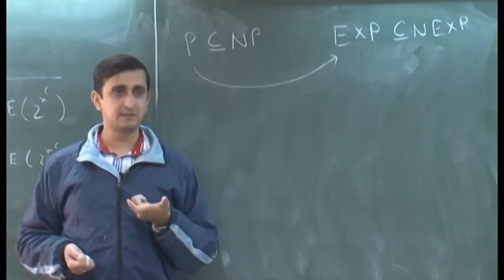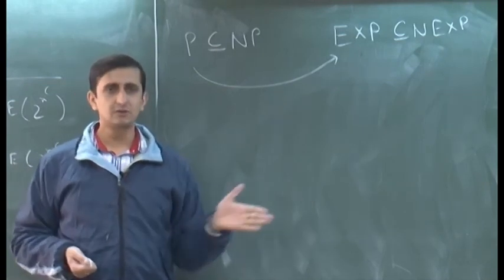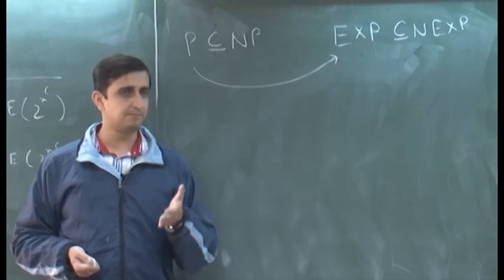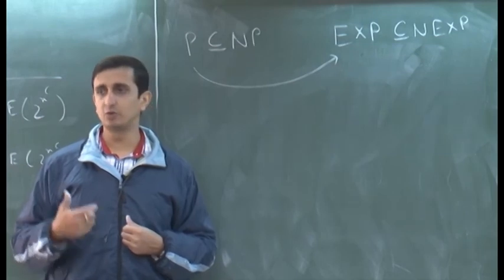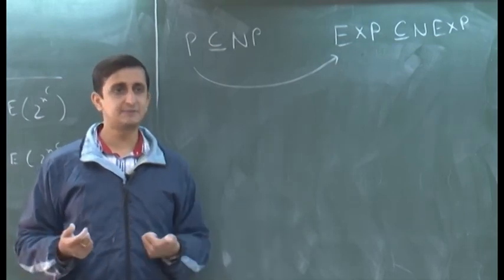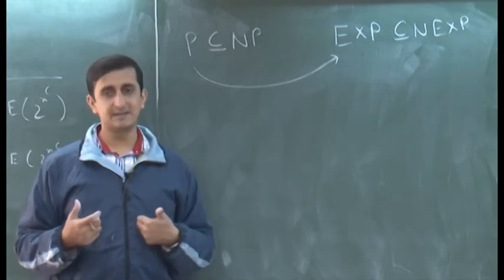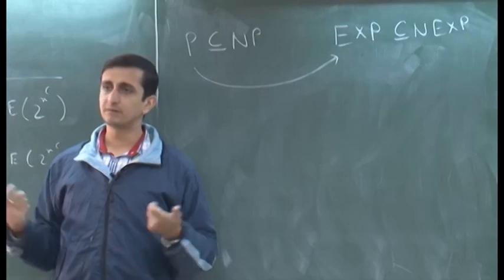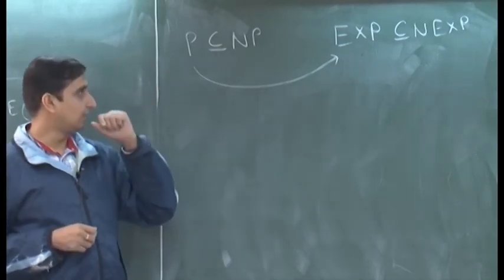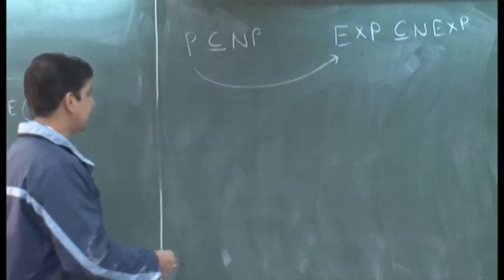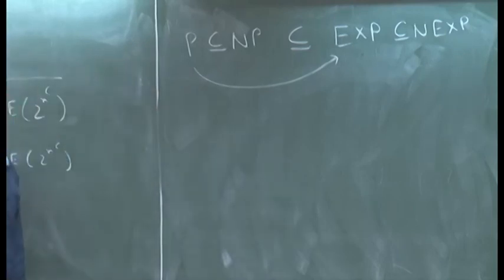Suppose it is a formula on n variables. So, just run through all possible assignments of values to those n variables. There are 2 to the power n many of them, and keep checking. If you find even one such string which makes the formula satisfiable, then accept, otherwise reject. So, that is a deterministic algorithm in exponential time, which shows that NP is contained in EXP as well.